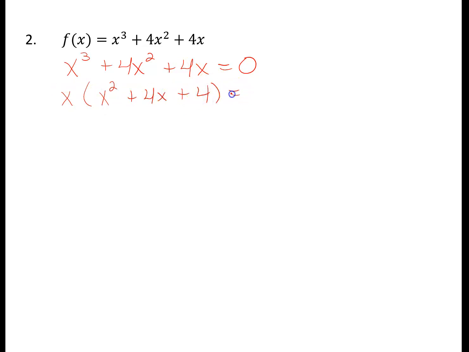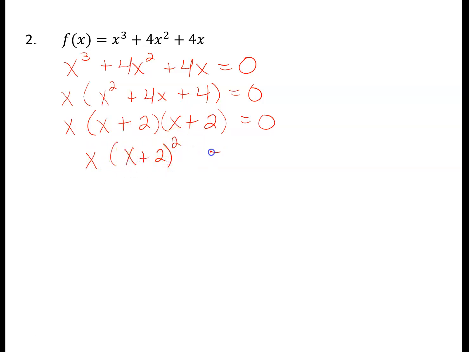And then let's see if we can keep factoring. We've got our x. Now this trinomial can also factor. We need x here and x here. Factors of 4 that add to be 4 are 2 and 2. Same signs, both positive. And you could leave it like that, or you may want to write it x plus 2 squared.